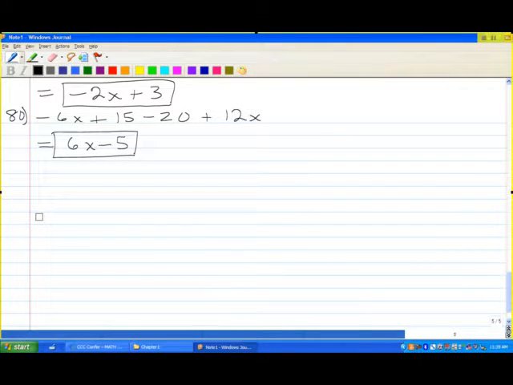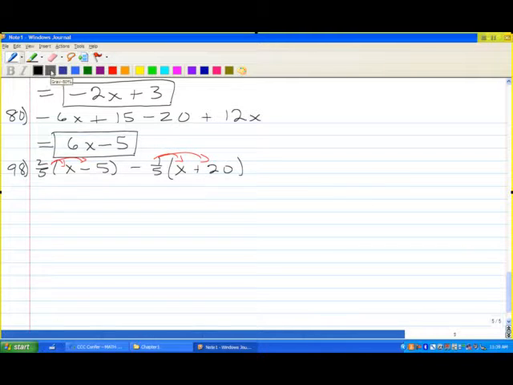Let me do problem number 98. 2/5 x minus 5 minus 1/5 x plus 20. Okay, so let's multiply the 2/5 inside the parentheses, the negative 1/5 inside the parentheses.